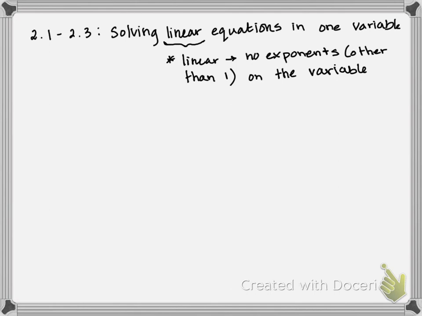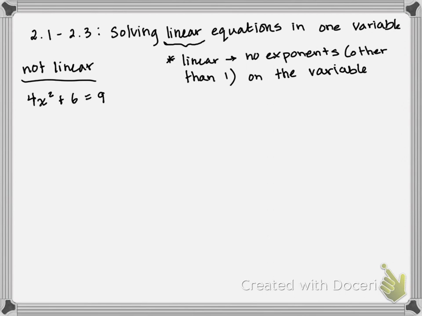It turns out that means a lot of things. It can't have an x squared in it, which is the obvious case, or x to the third, or x to the fourth, or x to the fifth.